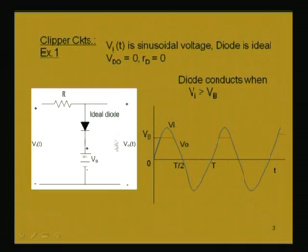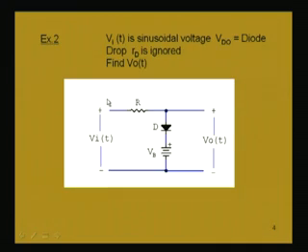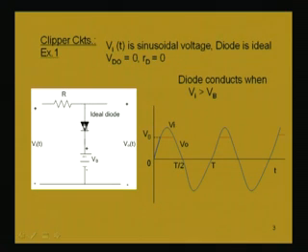If we want to find the voltage across these two points, since the current is not conducting, these two points are the same as those two points.